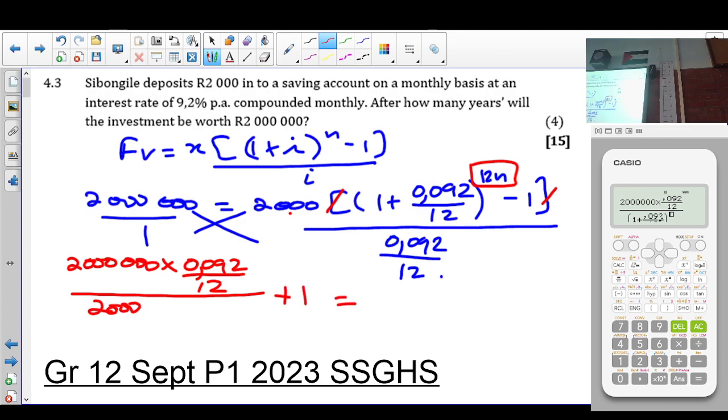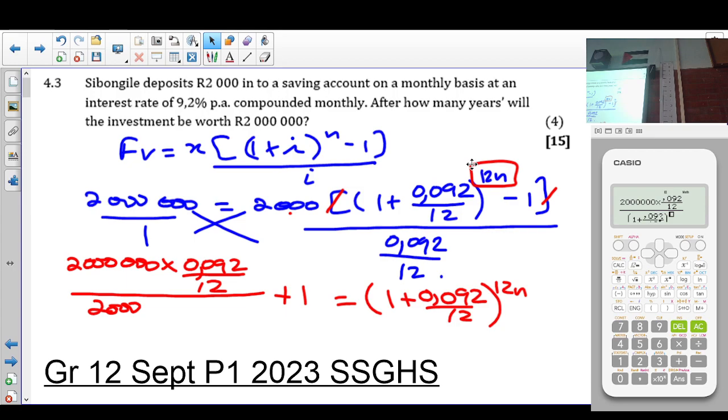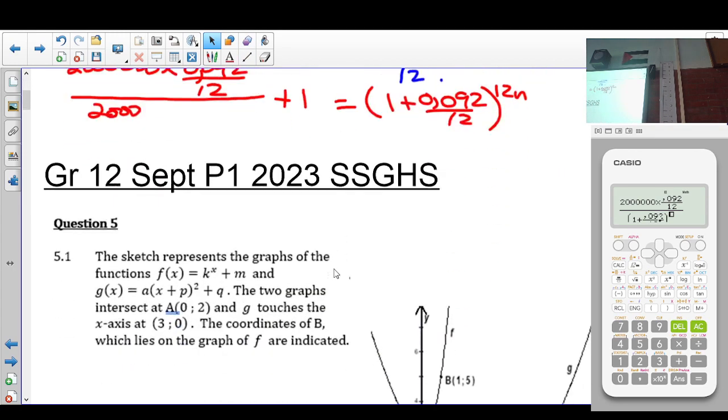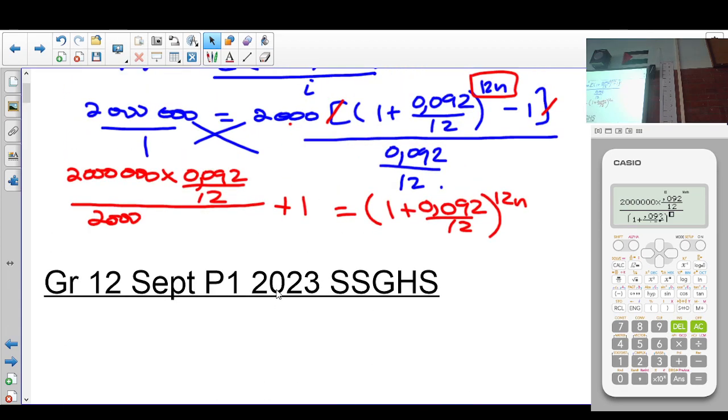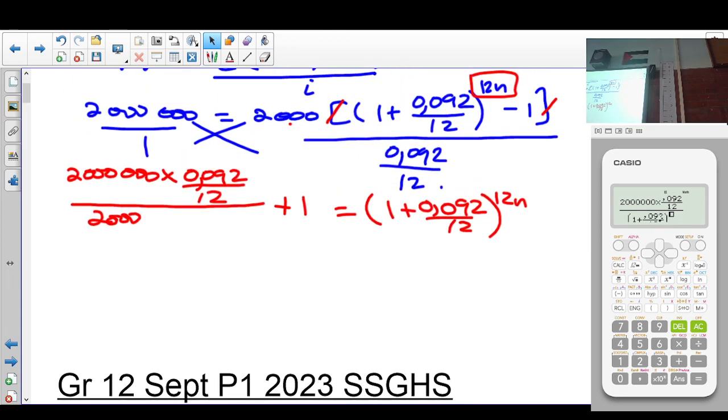So that is equal to 1 plus 0,092 over 12 to the exponent 12n. The left hand side of that equal sign I'm going to put on the calculator.